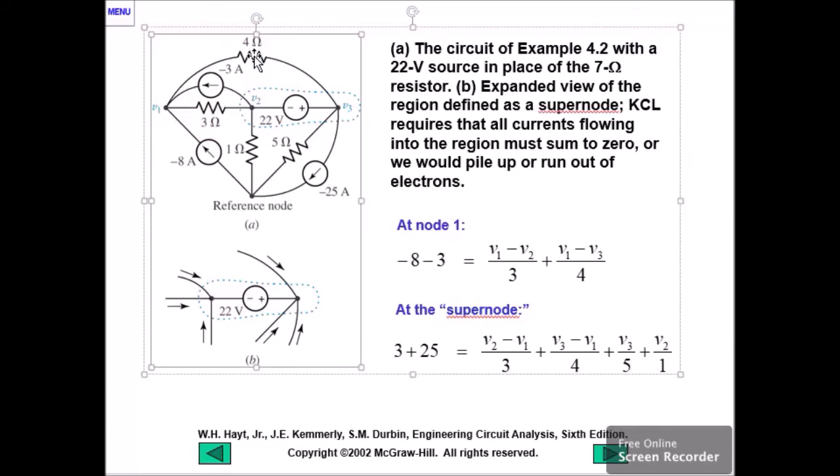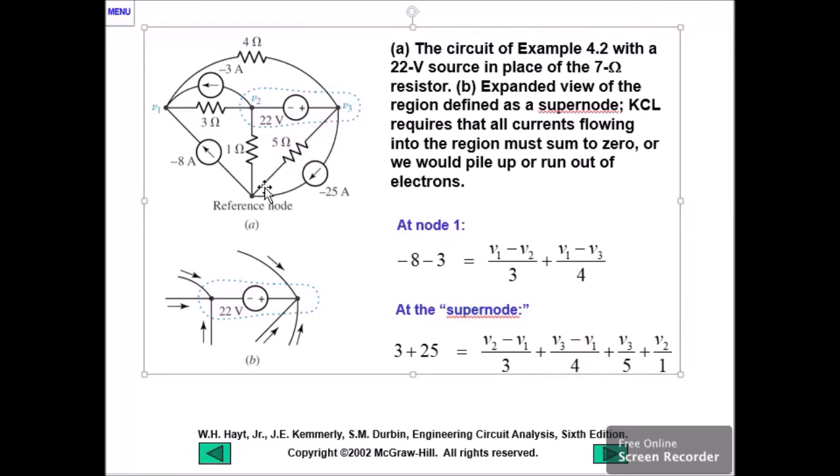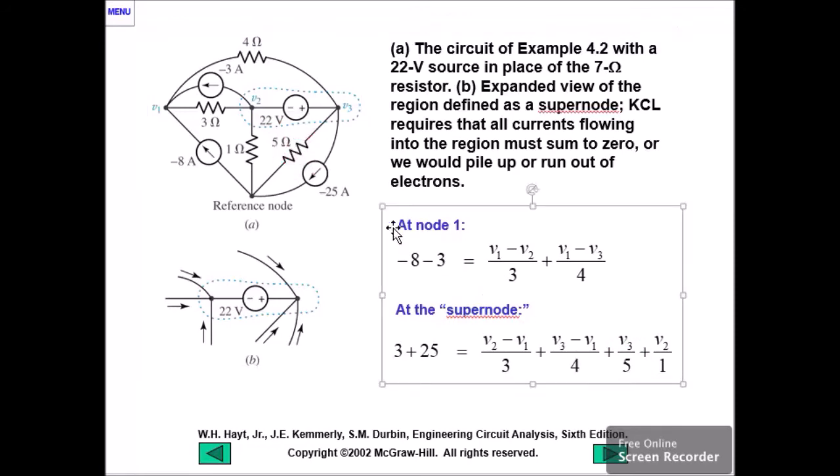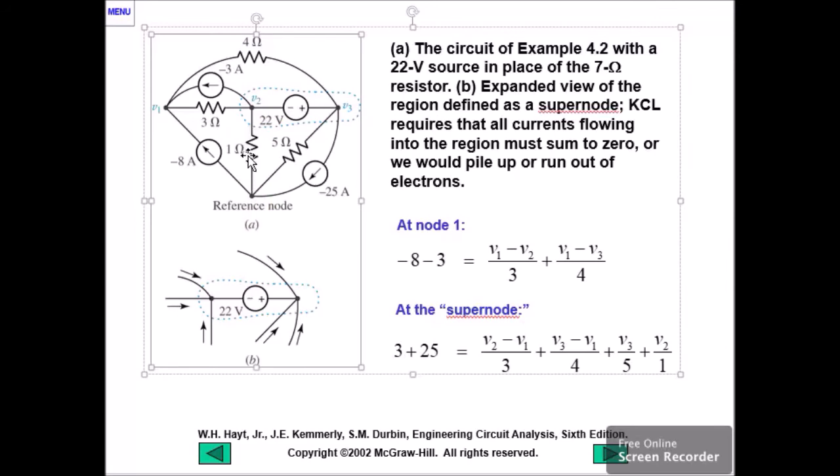Next, this other one, we have V3 minus V1 divided by 4. Next is this one, we have V3 minus 1, or just V3, divided by 5. Next, we have V2 minus 0, or simply V2, divided by 1.